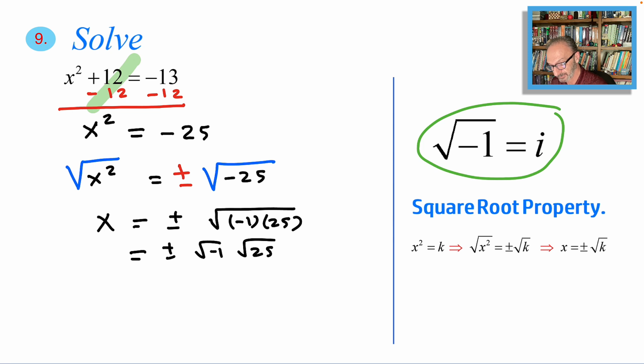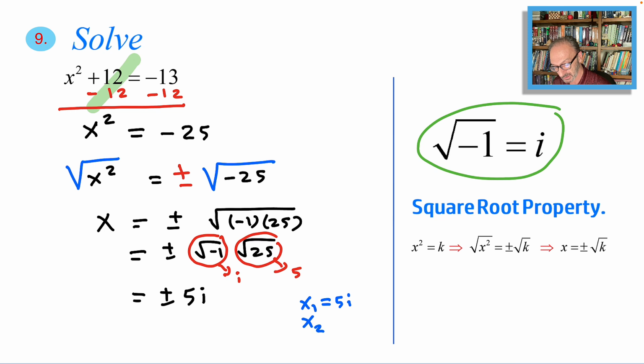That will give me i, and that will give me a 5, but we don't want to write it as plus minus i5, so we write it instead as x equals plus minus 5i. We'll push the i to the right side. So if you want to write them as 2 x's, we have x1 equals 5i, and we have x2 equals minus 5i. And that's the answer for number 9.